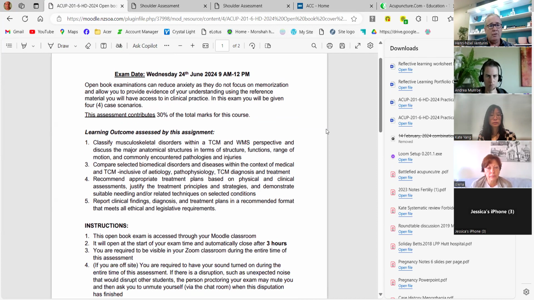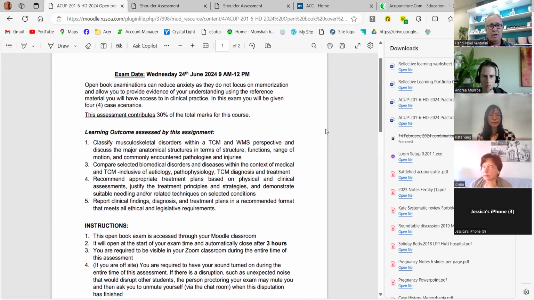The learning outcomes in this particular assessment are to classify musculoskeletal disorders with a TCM and Western medicine perspective, and discuss the major anatomical structures in terms of structures, functions, range of motions, commonly encountered pathologies and injuries. As you can see, the assessment's worth 30% of your total marks, so it's quite a large percentage.